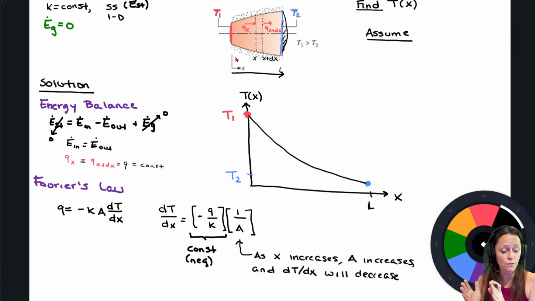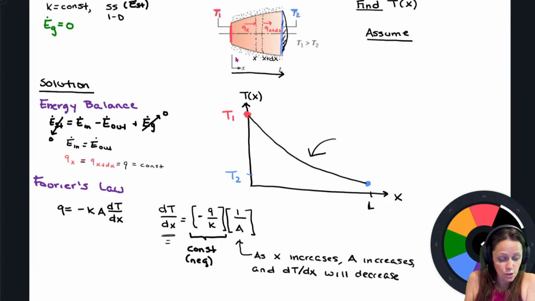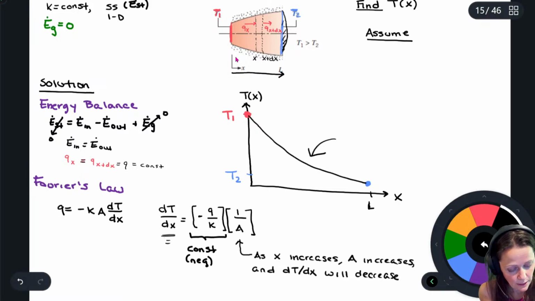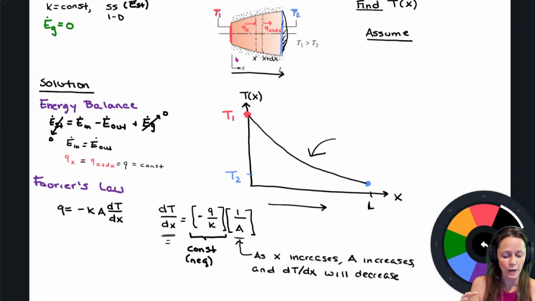That's getting bigger as you move from left to right. So the slope dT/dx, as x gets bigger, the area is getting bigger, but because the area is on the bottom, the whole quantity goes down. So dT/dx gets smaller, and the slope gets less steep. Gotcha. Thank you.